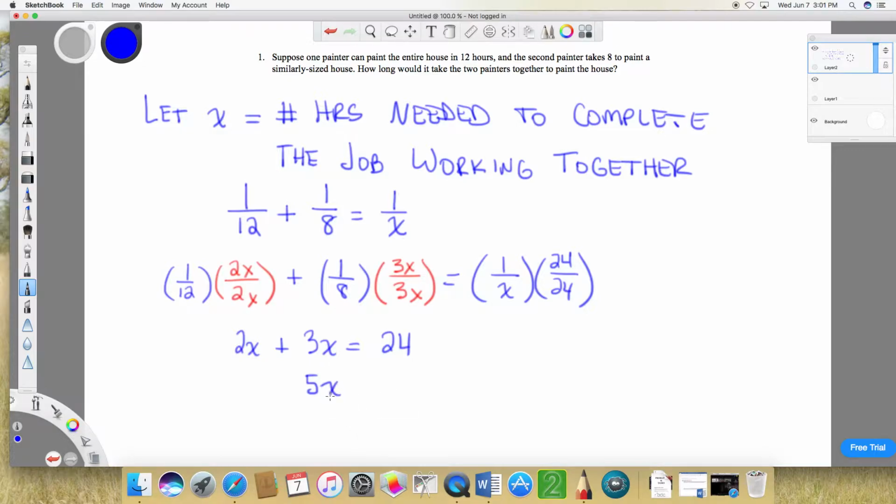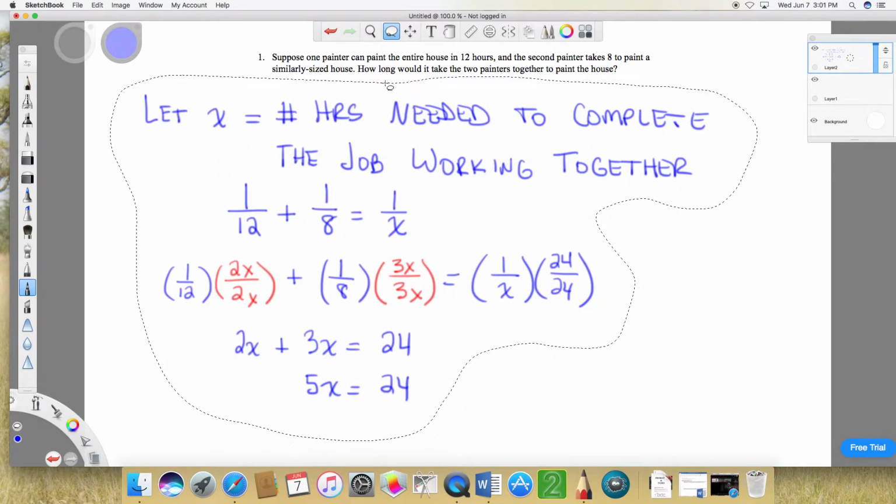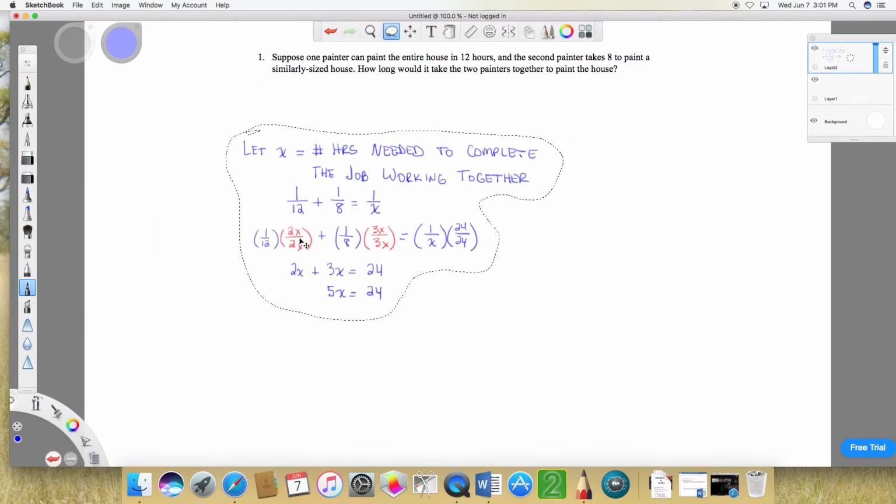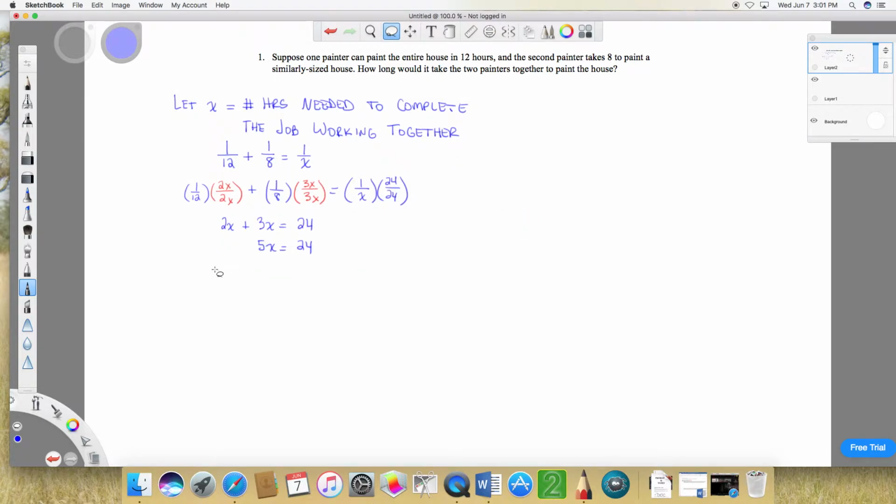So we have 5x is equal to 24, and we have x is 24 divided by 5. And what is that? 4.8.